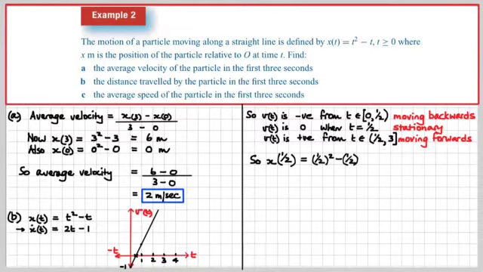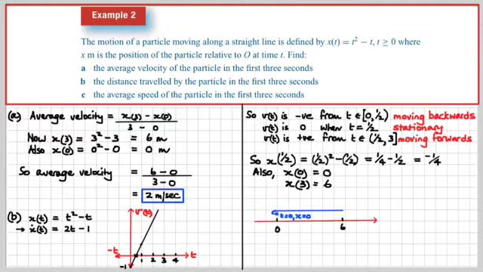So when t is a half, x looks like it's minus a quarter, okay? Now, when t was 0, x was 0. We knew that. When t was 3, x was 6. So therefore, there's a little number line of position there. It starts off at the origin, from t is 0 and x is 0.